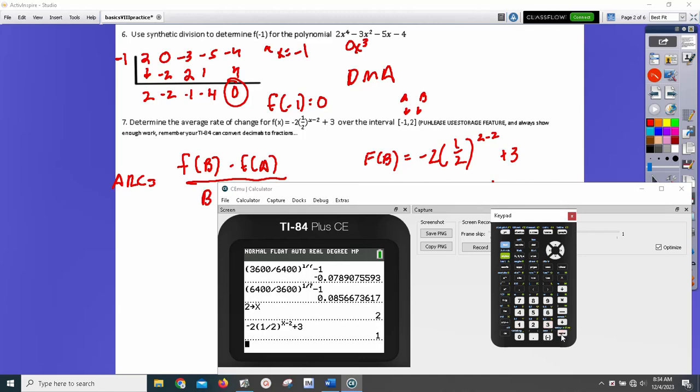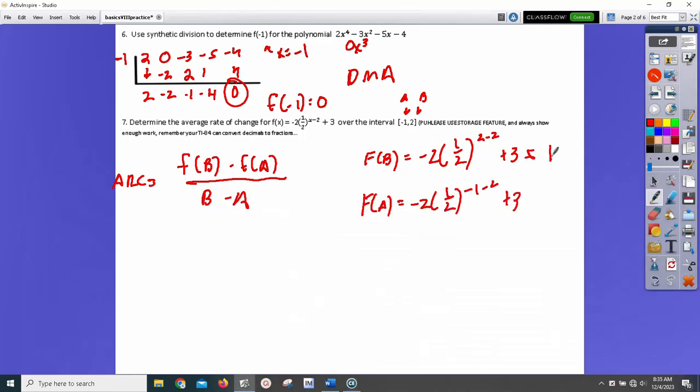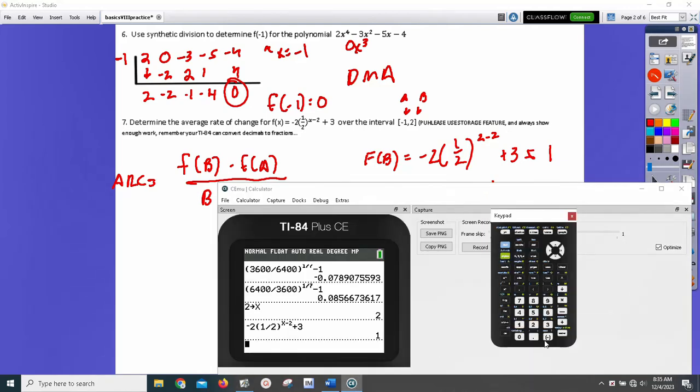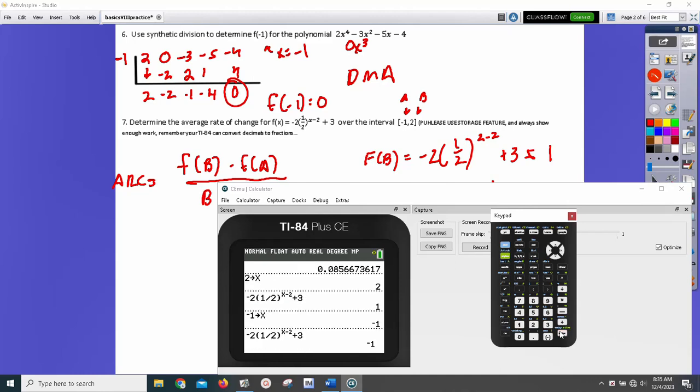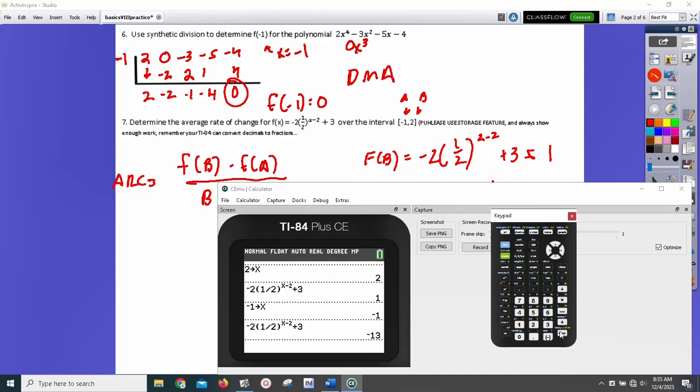So when I plug in a 2, I get back a 1. Now the next thing I was supposed to do was plug in a negative 1. So back to CMU, in your case the TI-84. Took a negative 1, stored it to x. Up, highlight, enter, enter. I got negative 13.